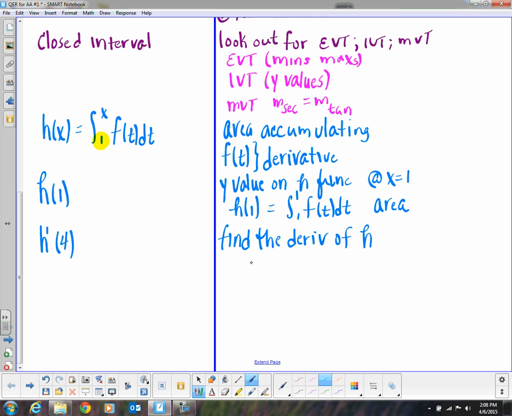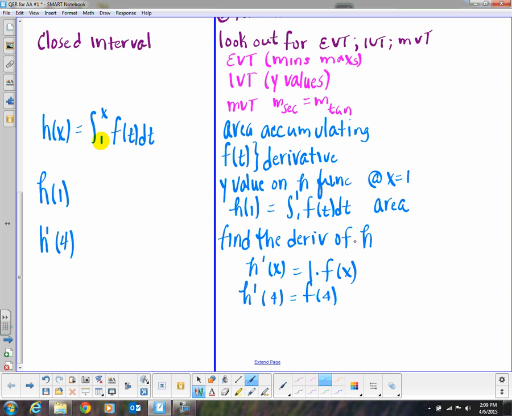If you recall, h prime of x is going to be the derivative. I have 1 at the bottom. The derivative of x is 1 times f of x. So h prime of 4 basically means I'm looking for f of 4.